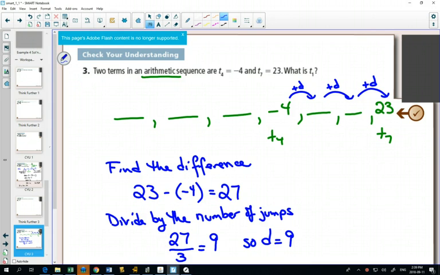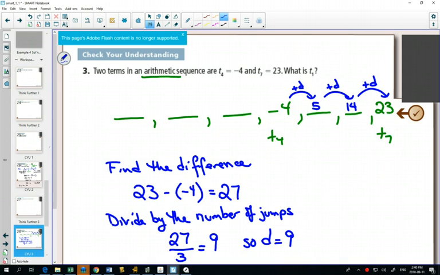And if I wanted to at this point, I could fill in numbers. Negative 4 plus 9 would get me to 5. 5 plus 9 would get me to 14. Does 14 plus 9 get me to 23? Yes, it does. So I've done a check to see that this seems to be working.